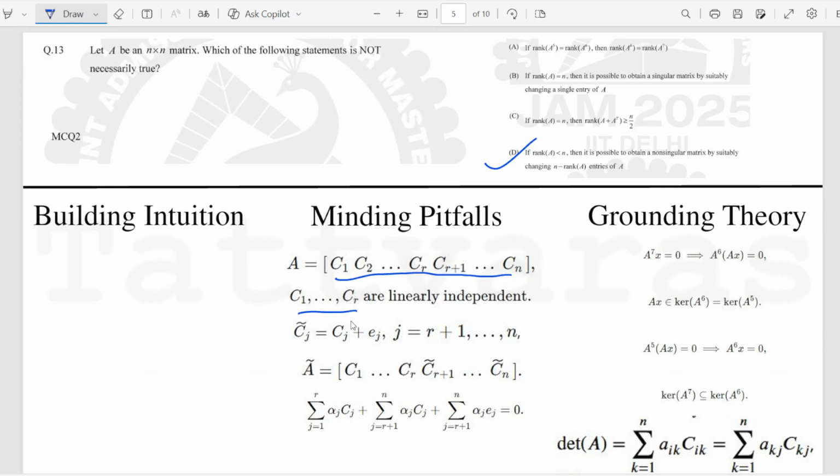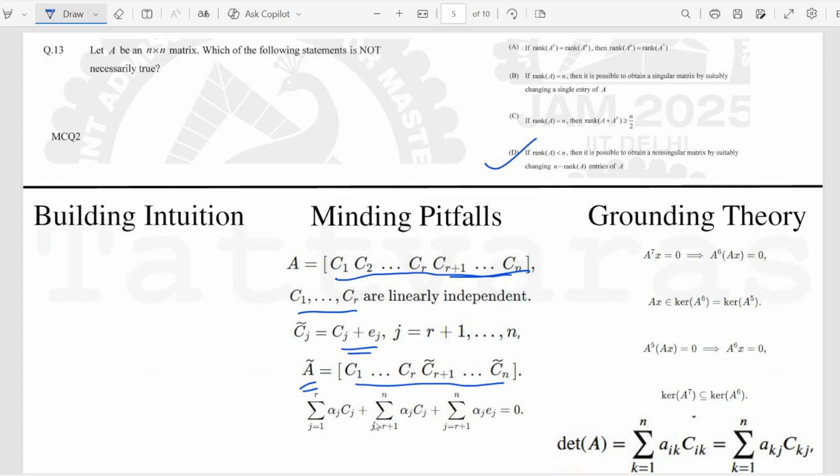And what we do is, for the remaining C(R+1) to Cn, we transform the column to be the sum of this thing, where Ej is the basis vector, where we have the jth element as 1, others as 0. And what this does is you get a new matrix like this, which is this thing.